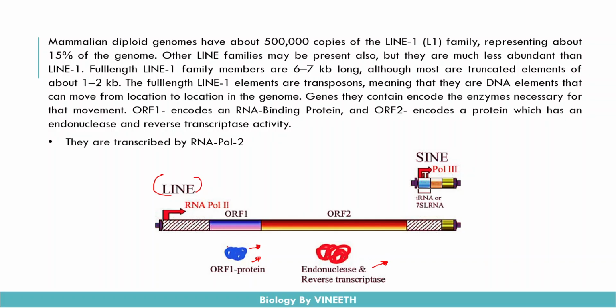The protein with RNA binding property comes from open reading frame 1, ORF1, and ORF2 is involved in the formation of the second protein, which has endonuclease as well as reverse transcriptase activity.